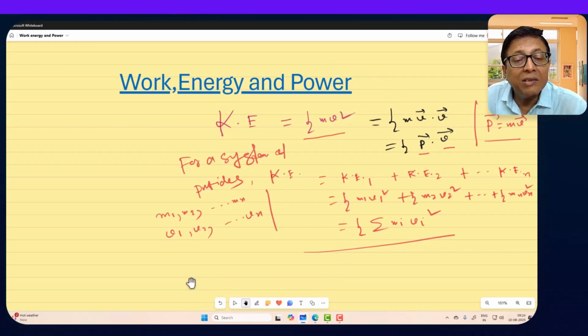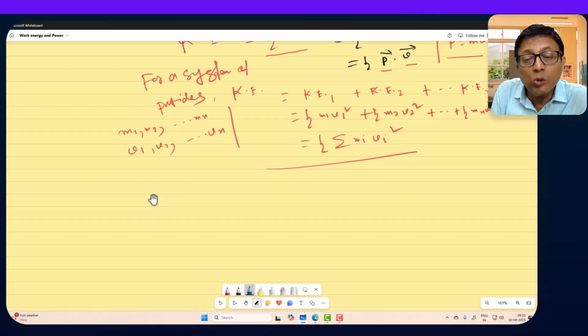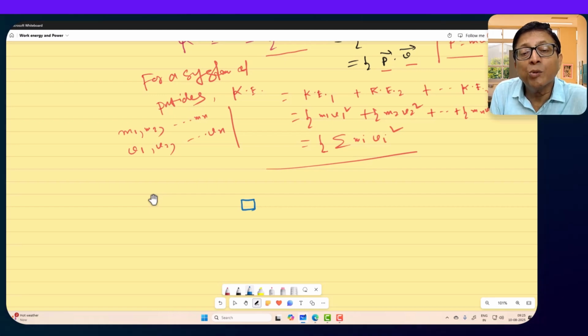Now, this kinetic energy can be changed. How to change the kinetic energy? An object is in motion, moving with some velocity, say u. The object has mass m. We apply a force over there.